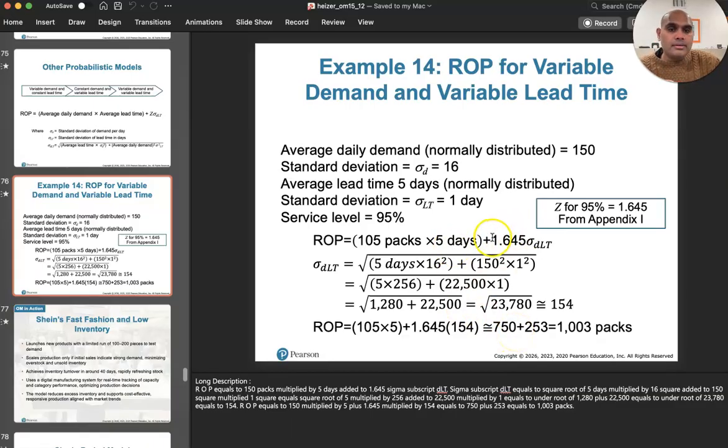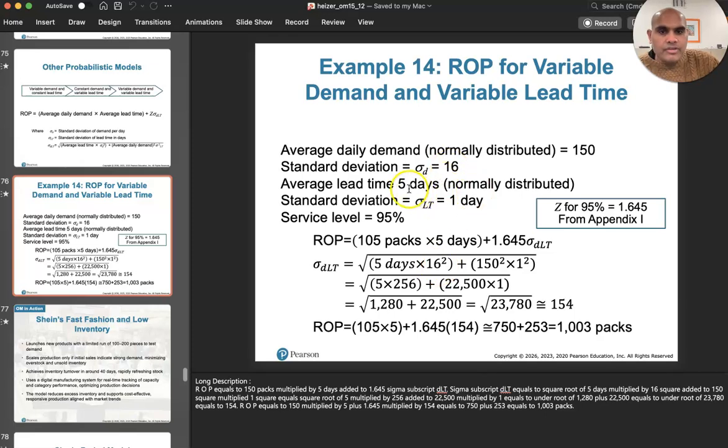Now we have to calculate the reorder point. So to calculate the reorder point, if you assume that service level is 95%, you have to calculate the value of z. So again, you do norm.s.inv, and you'll get z as 1.645. You have that value, and then you multiply that with the standard deviation of demand during lead time. So that will be 5 days times 16 squared.